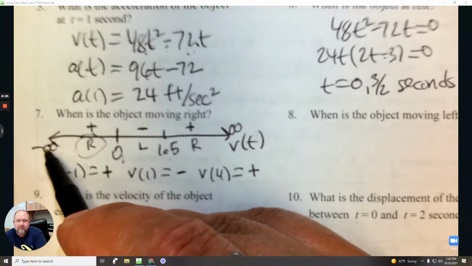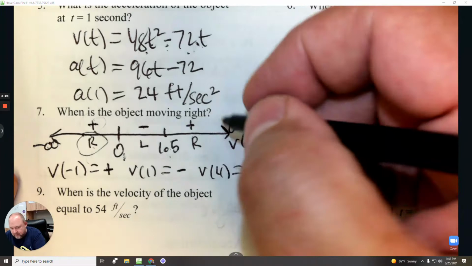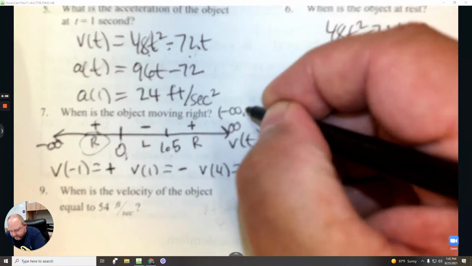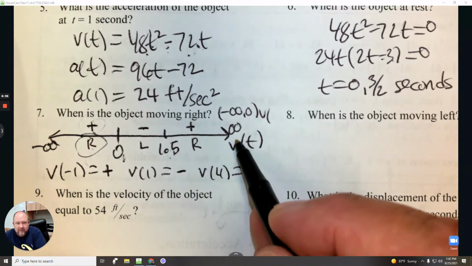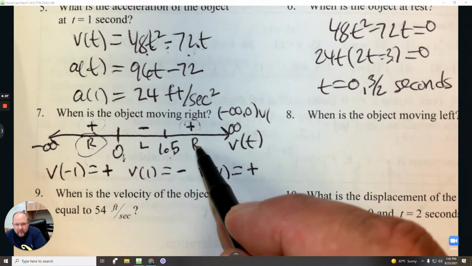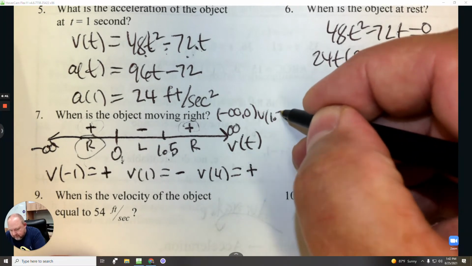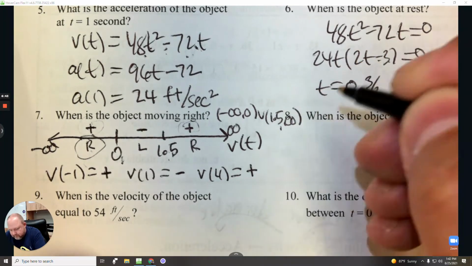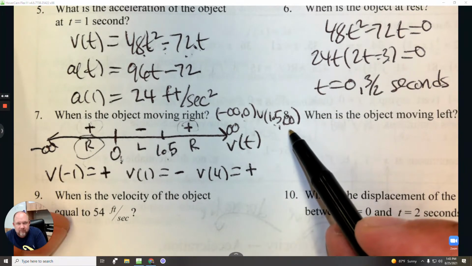So from -infinity to 0, the velocity is positive, so it's moving to the right. From 1.5 to infinity, the velocity is positive, so it's moving to the right. We're running out of space here. So from -infinity to 0 and 1.5 to infinity.